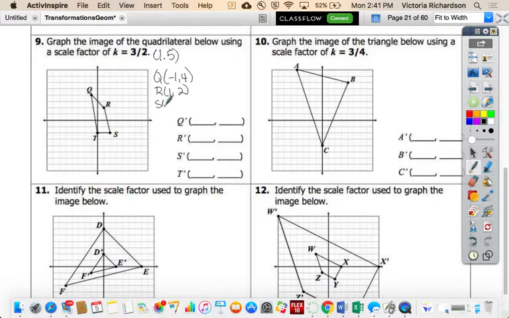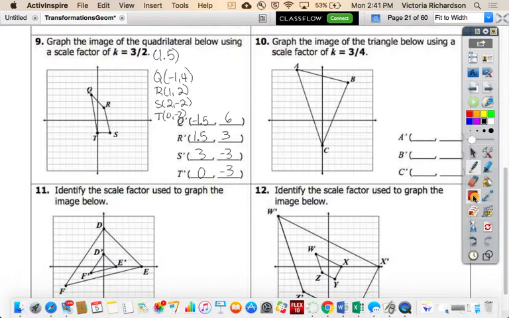S is 2, -2. And T is 0, -2. So now I'm going to take each one of those numbers and multiply it by 1.5. So I'm going to get -1.5, 6 for Q prime, 1.5 and 3 for R prime, 3 and -3 for S prime, and 0, -3 for T prime.